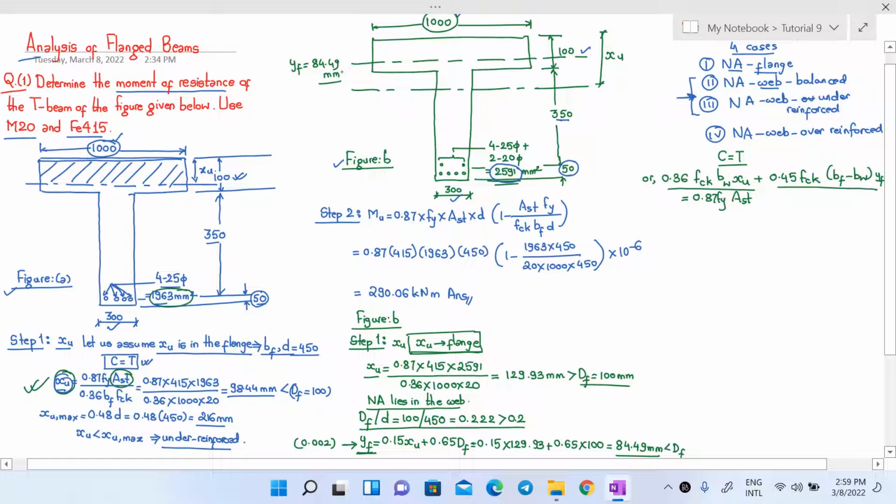Now if you remember, we divided our T-beam into two parts here. One part is this web. This is our one part. And then the other part is this flange portion here.